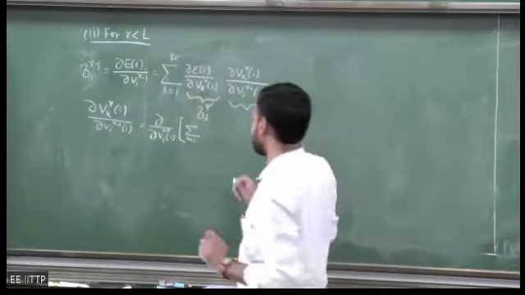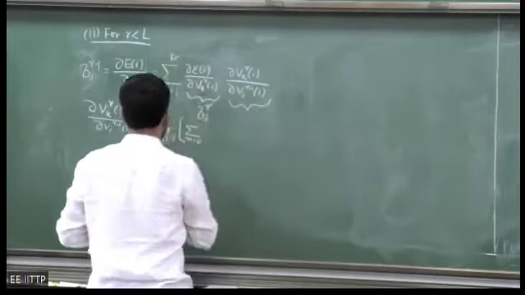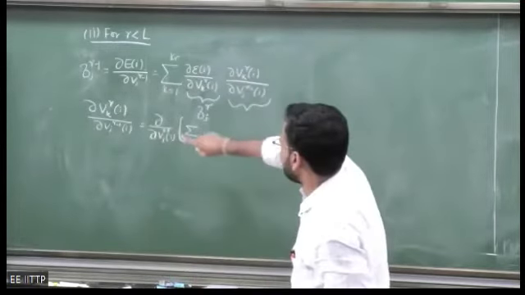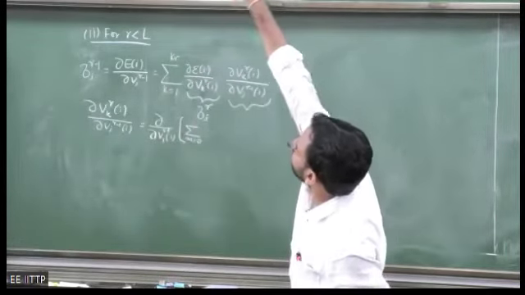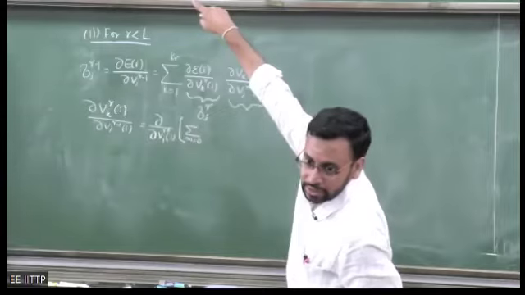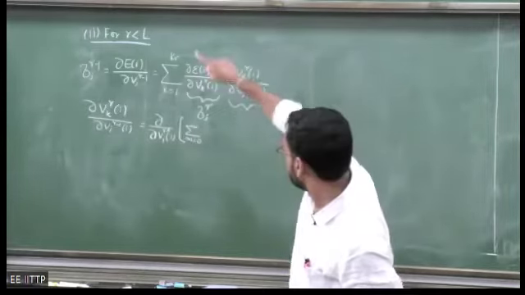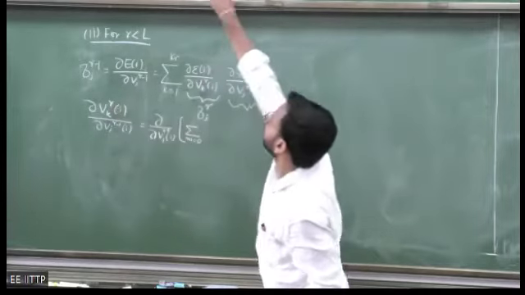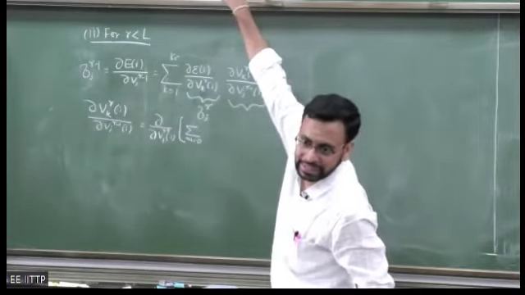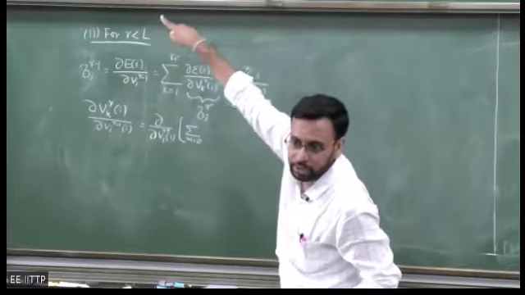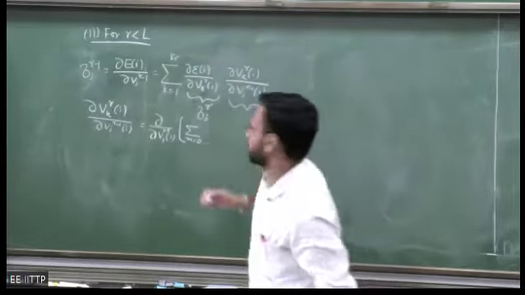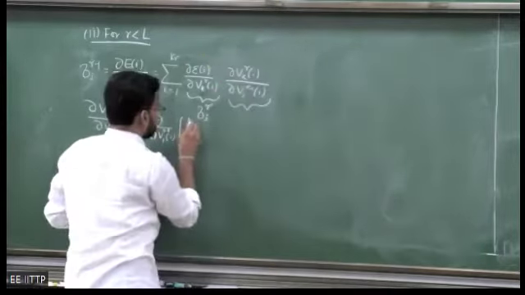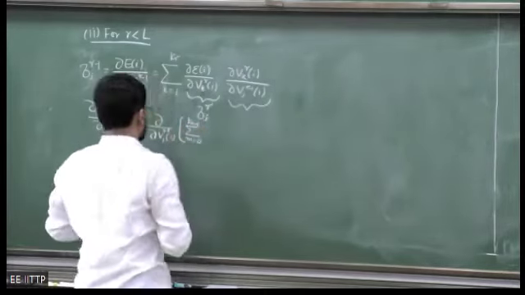So m is varying from 0 to, well, how many inputs are there? k_(r-1). See, anyone in the rth layer gets inputs from how many neurons? k_(r-1), right?